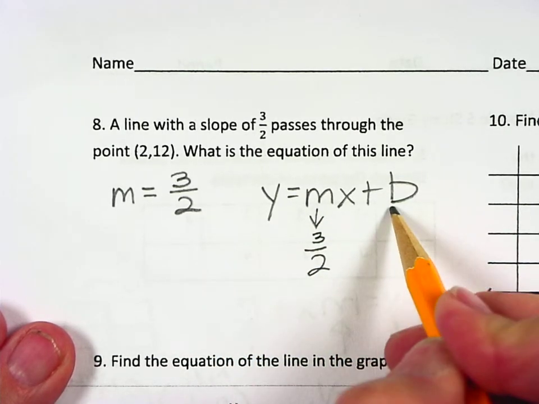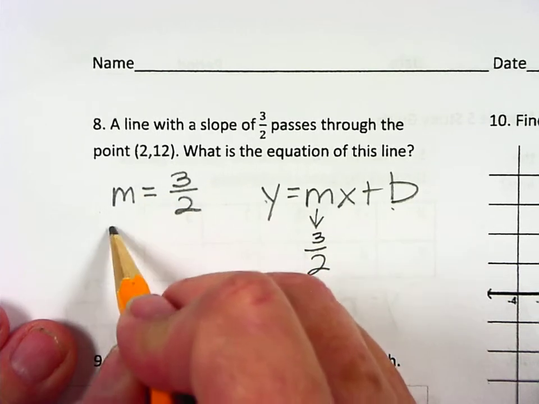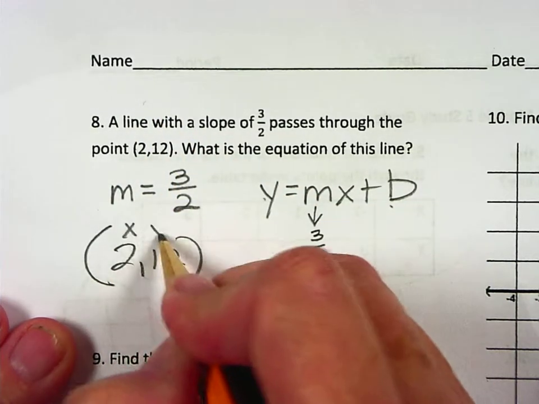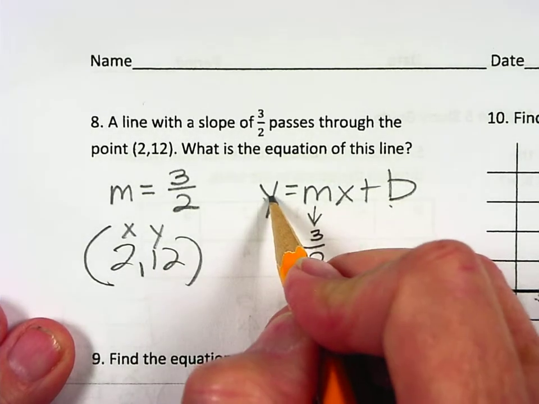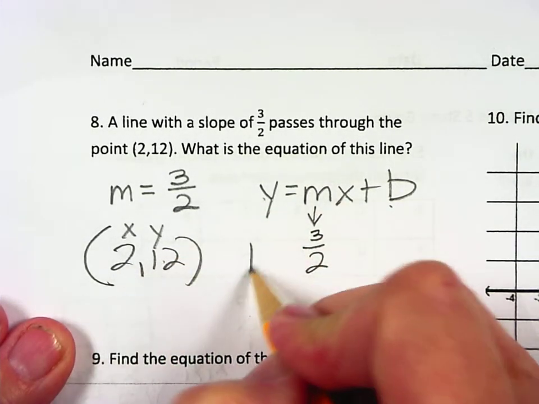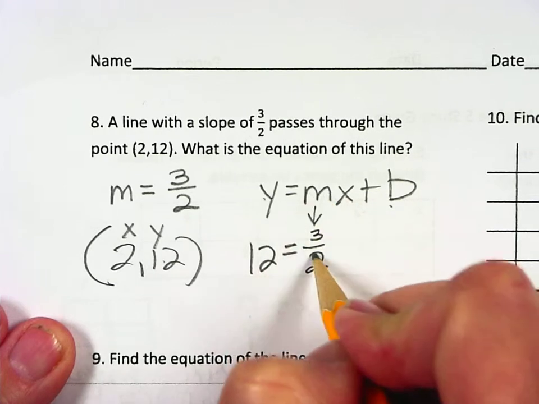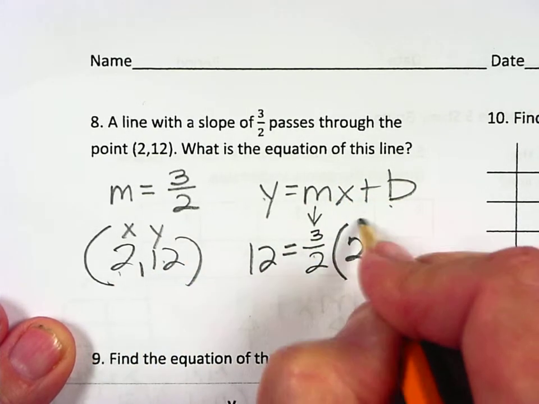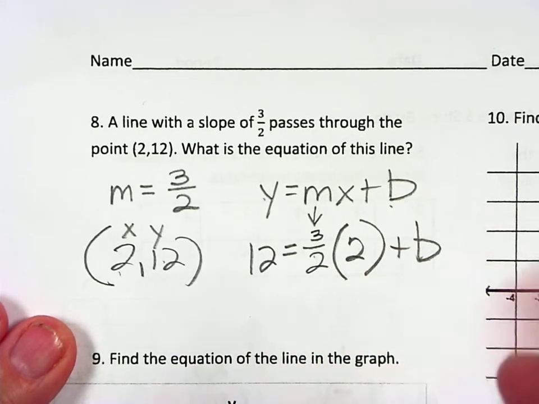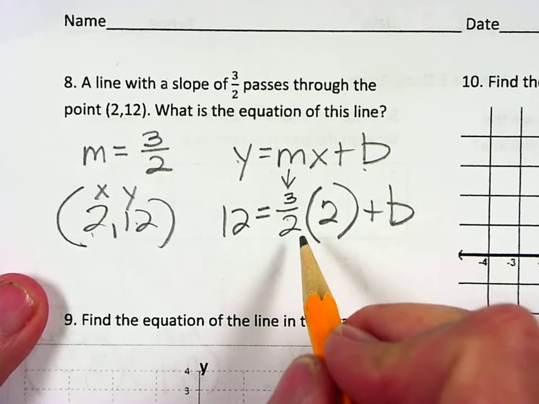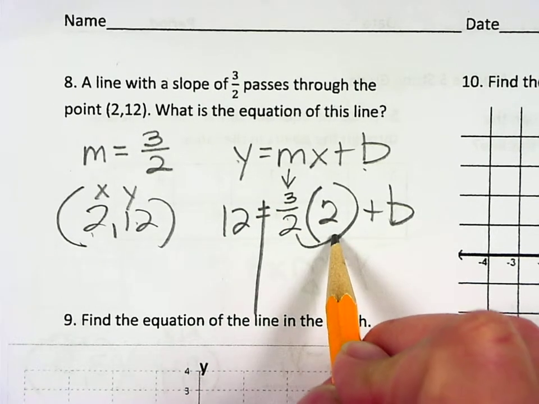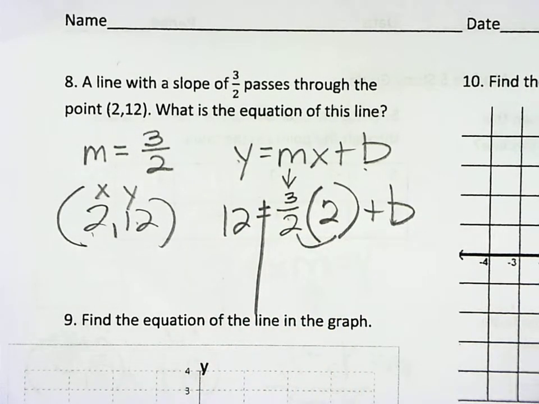I don't know what b is, but I know what x and y are because I'm also given the point 2, 12. So everywhere when I see a y here, I'm going to put 12 equals, my slope is 3/2 times x, which is 2. And then I still don't know what b is, but that's what I'm going to find out. So I'm going to simplify this here. 3/2 times 2.